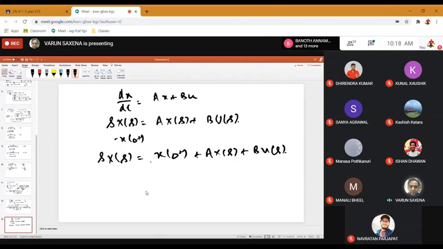So you can either bring all the x's on this side, and then that will be basically in terms of this 0 input and a time domain input.